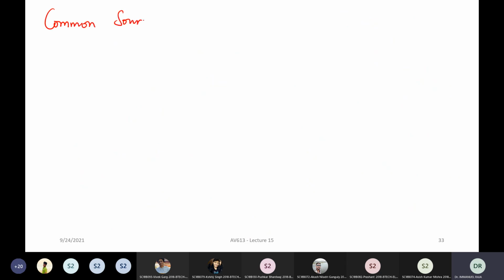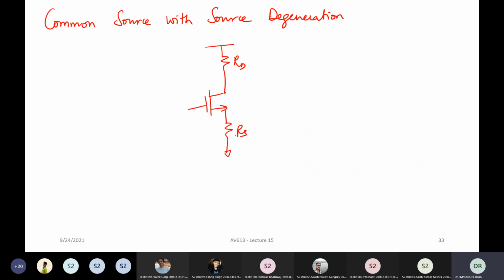Now, this is common source with source degeneration. What is source degeneration? Let's say you have some RD, and you have some RS here, right? This is your Vin.